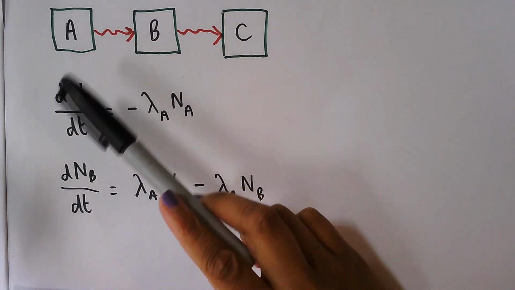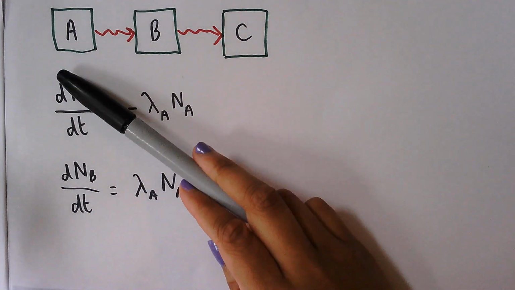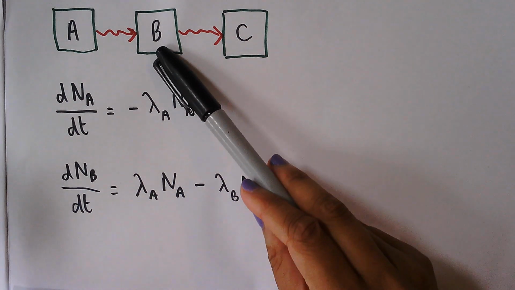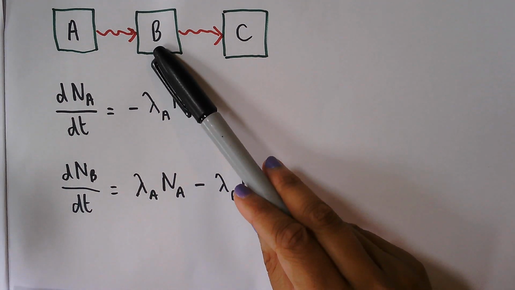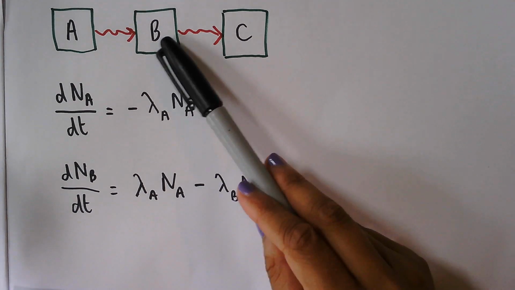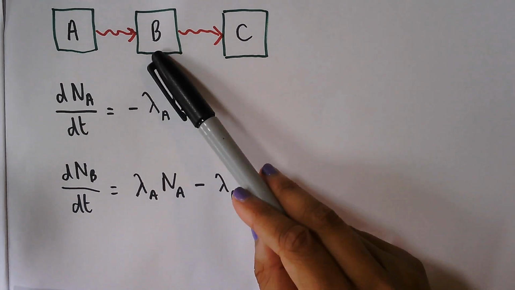But the rate of decay of A is the same as the rate of production of B, and so the rate of production of B is also approximately constant.